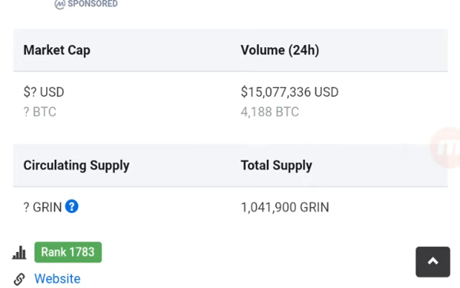Some people say it might be around 300 million. It might be an infinite supply, and that this is the actual total supply, right? And this happens with CoinMarketCap quite a bit, where they list the total supply, but that's not really the total supply. You need to go check the block explorer and find out.